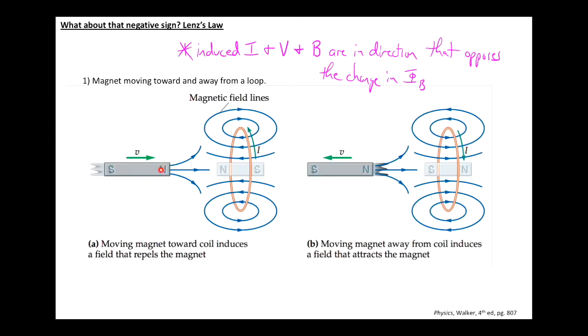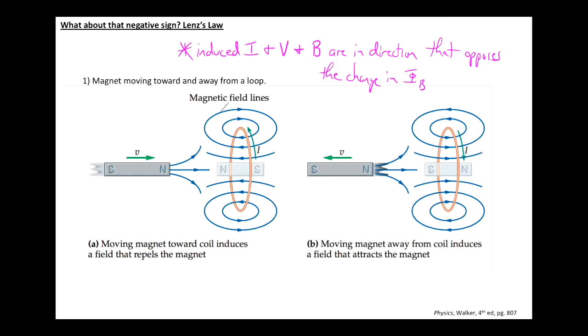So let's take a look at what's happening. If this magnet is coming closer with its magnetic field that's pointing to the right, you can imagine that this loop is experiencing a change from nothing to having a magnetic field pointing to the right, sort of being forced inside the loop, okay? It doesn't like that change. In fact, as this bar magnet gets closer, it's experiencing a stronger and stronger magnetic field passing through the center of it.